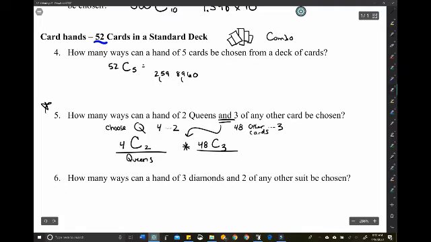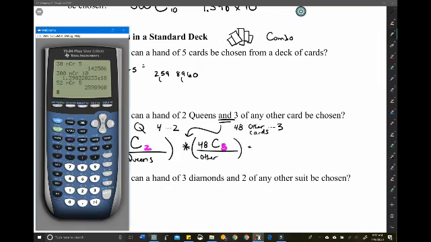Now notice, these 2 queens and these 3, they equal my hand of 5. So 4 choose 2 times 48 choose 3 of the other cards. And I would highly recommend writing out these steps, okay? I'd be looking for those as work. And once you do that, you can just type that whole thing into your calculator.